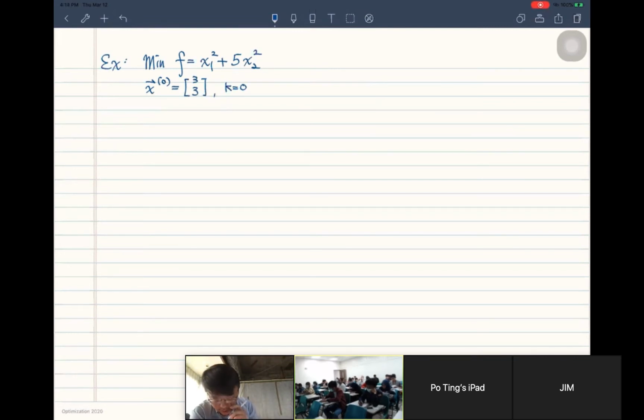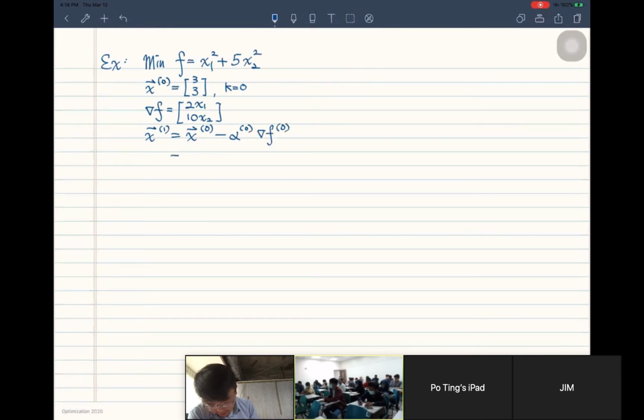I need to check the gradient. The gradient will be 2x1 and 10x2. Okay, so based on steepest descent, my x1 should equal x0 minus some alpha times my gradient 0.